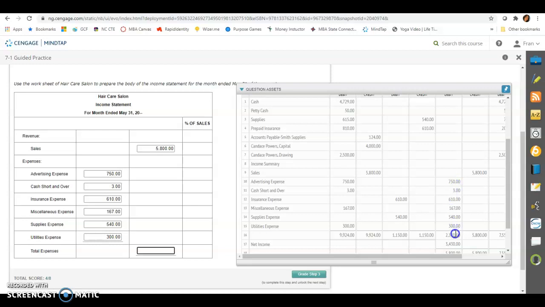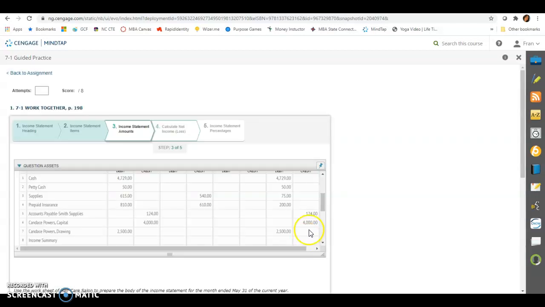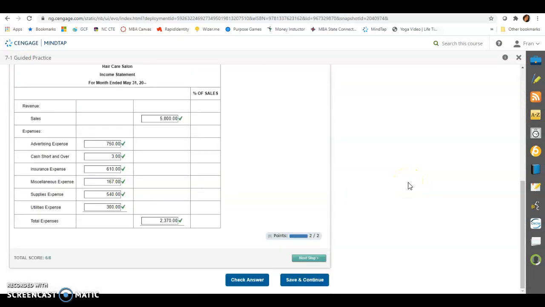They're all right here, and I know that this is the total of them, which is $2,370. So all I did was transfer all these things off the worksheet onto the income statement. That's the whole idea of doing this worksheet, to get things ready for the financial statements. All right, so I'm going to grade this step. That was the easy step. If you can copy numbers from one sheet to the other, you got the 2 points there.